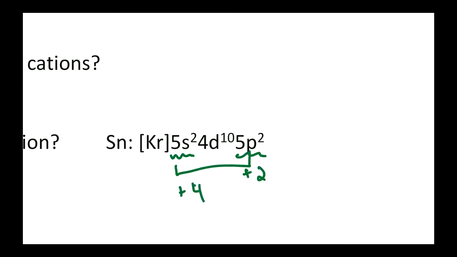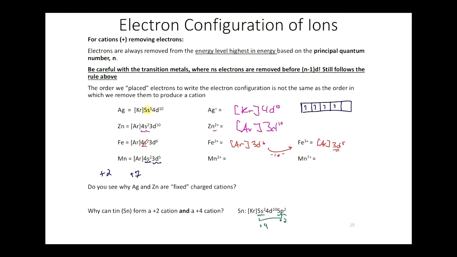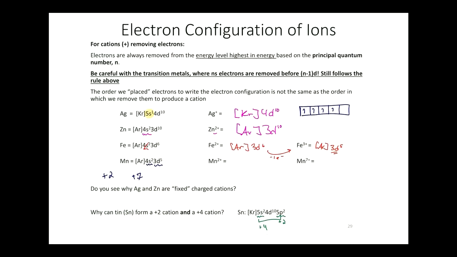So you can just lose some or just lose all of those valence. So that's where electron configurations for ions relate to ionization energy, how easy it is to remove an electron, and also for forming anions, how much energy we get back when we form an anion. So that's putting it all together.